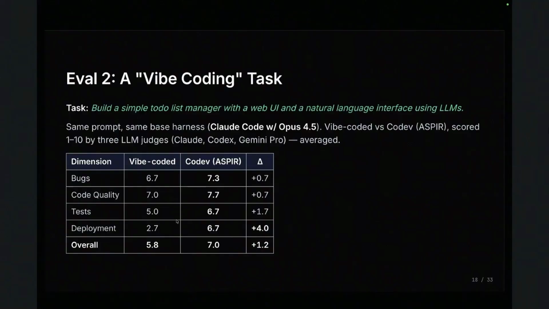The second evaluation that we've done is a vibe coding task. Imagine, even though Codev is designed for human agent co-building, you can use it in autonomous mode, right? And what that means is, as I mentioned, there's spec, plan, implement, review. We just do the spec and plan and auto approve it. So we just let the agent run loose.